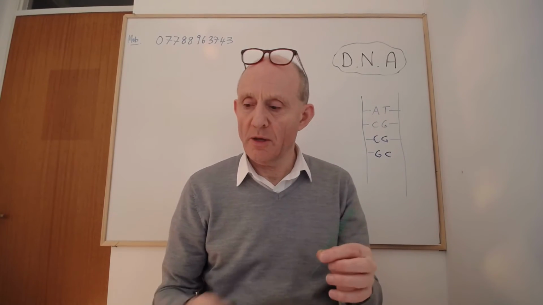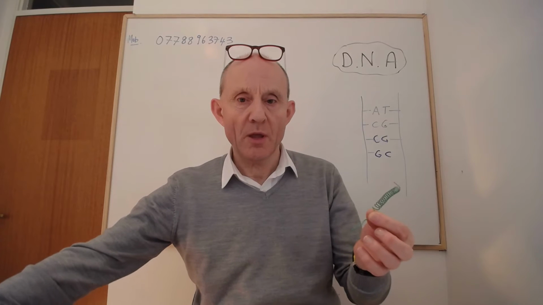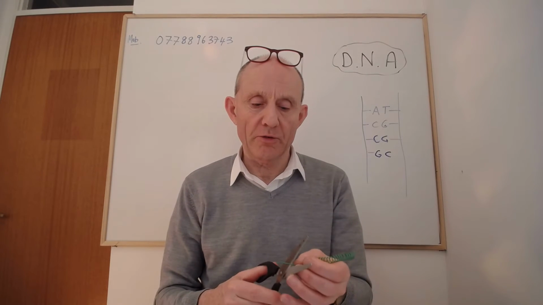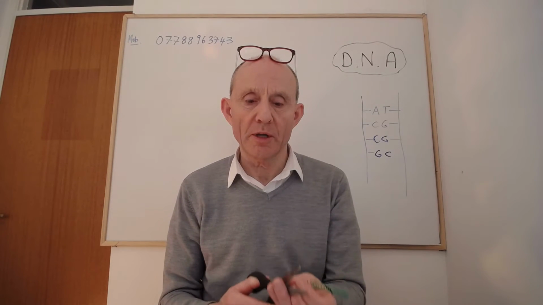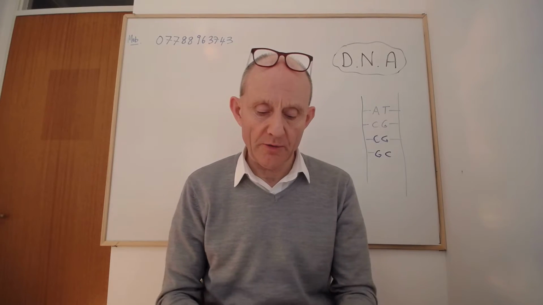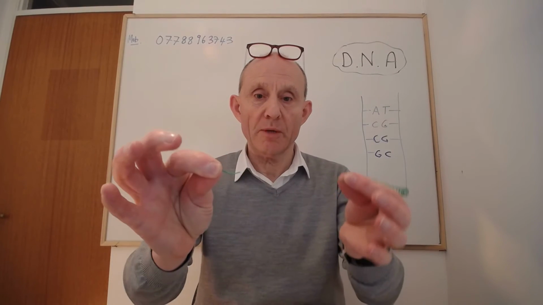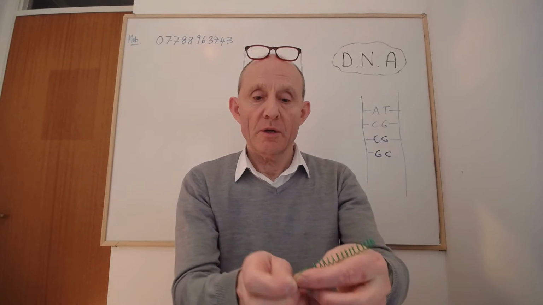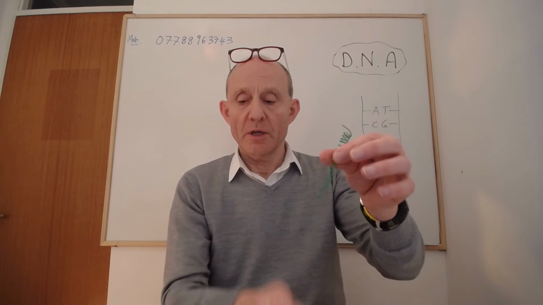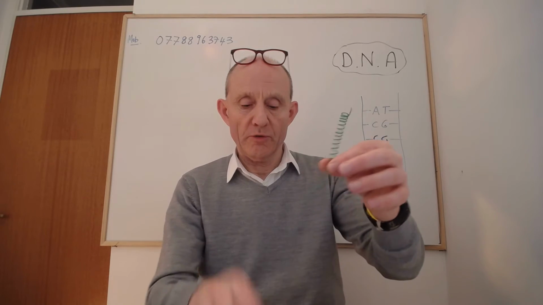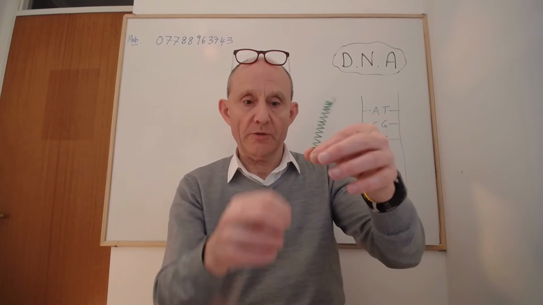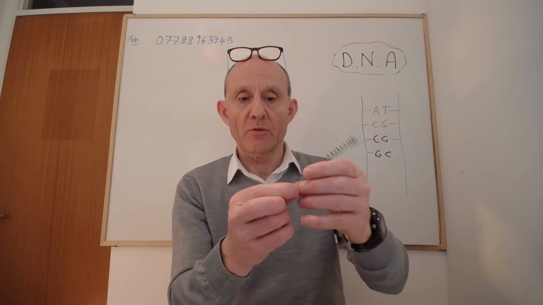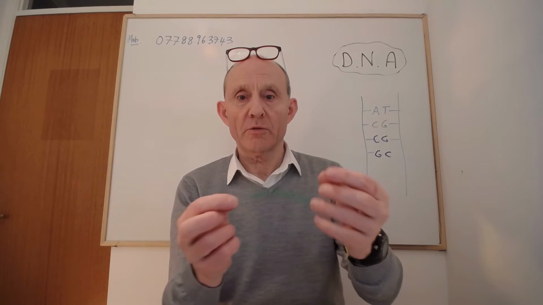Now, then the term gene. Well, a gene simply refers to a short length of DNA. So I'm just removing a short length of the DNA. So one gene, that might be one gene there, that's present in the DNA. So effectively, the DNA on a chromosome is just a whole series of genes. So that's one gene, and the next gene will be there, and the next gene, and so on and so forth.